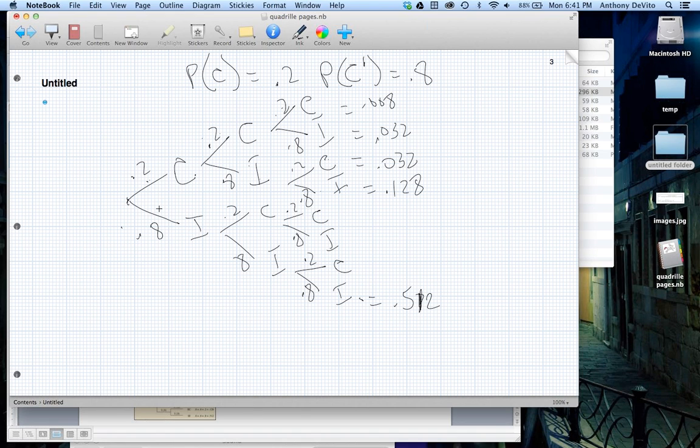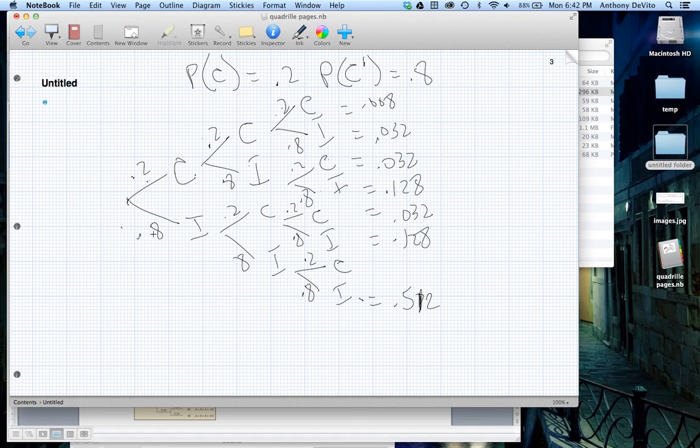Incorrect, correct, correct is going to be 0.8 times 0.2 times 0.2. Then 0.8 times 0.2 times 0.8, which is 0.128 again.